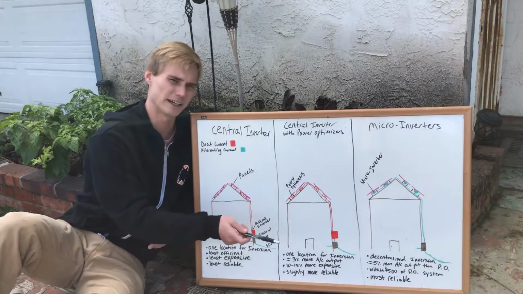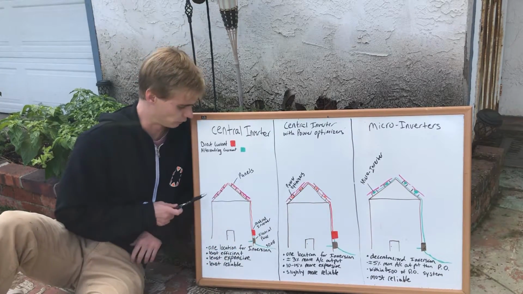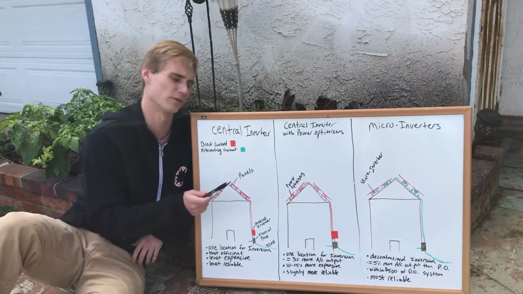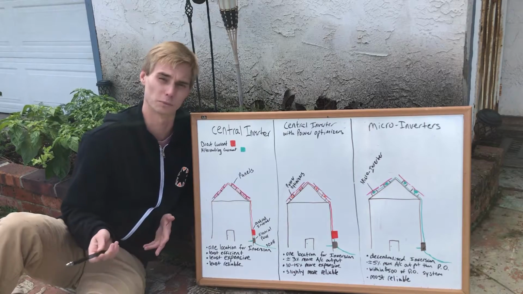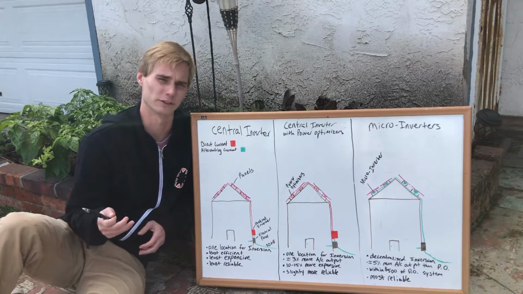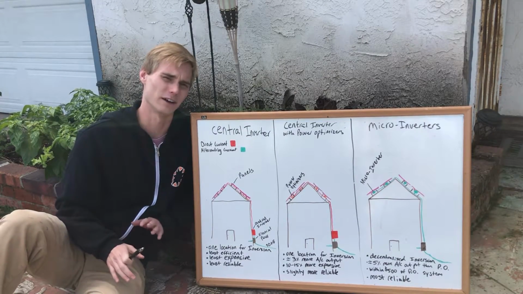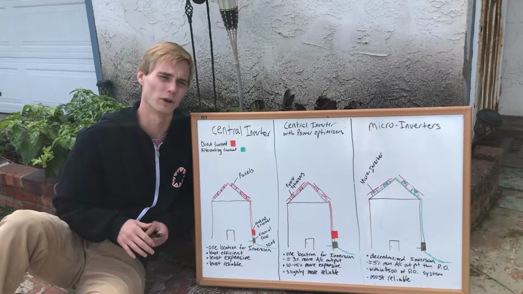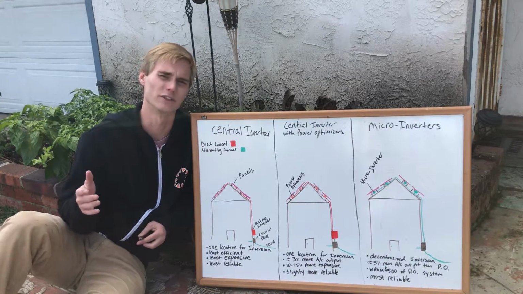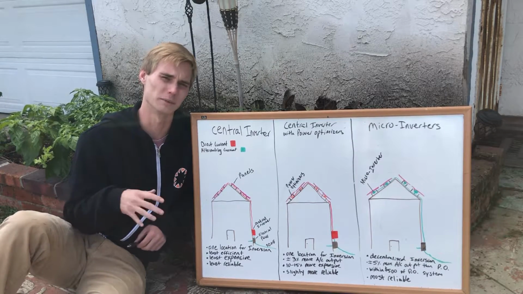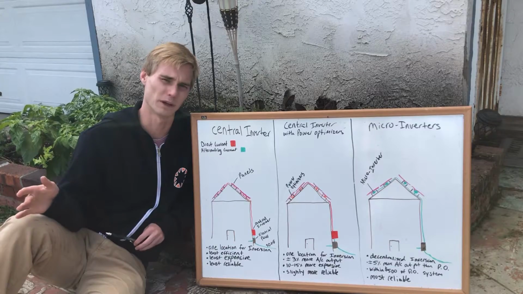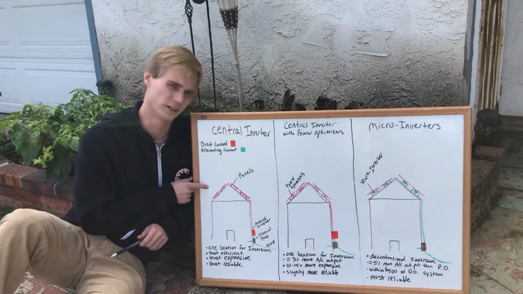It's very similar to the central inverter system, except for the fact that under each panel you have, and I represent it with a little orange box, a power optimizer. And not to get too techy or anything, but essentially what the power optimizer is doing is individualizing the DC current coming off the roof, so you're not limited to the weakest performing panel, which is what happens in the string system.